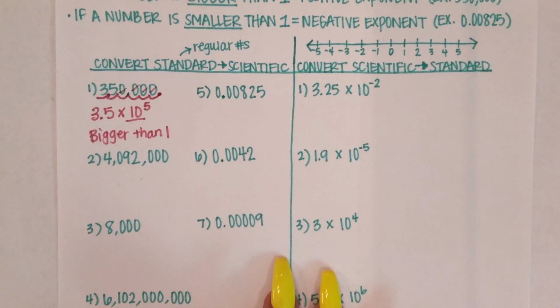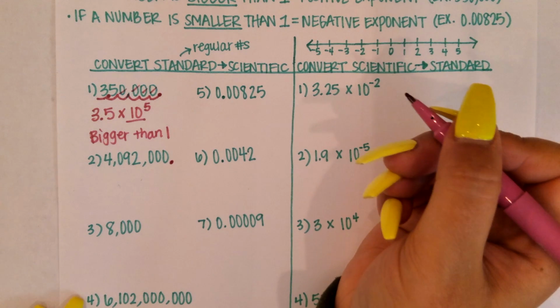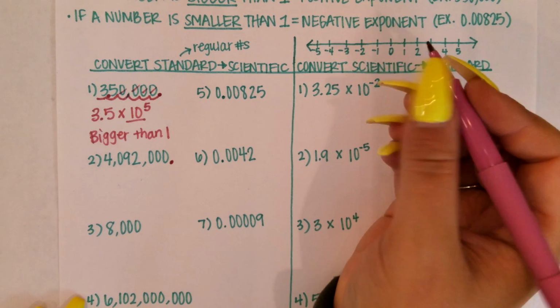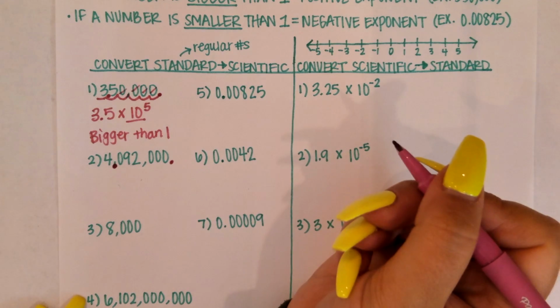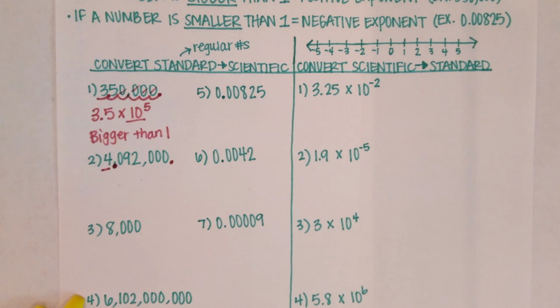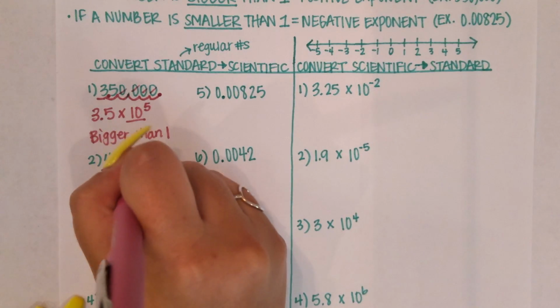Example number 2, 4,092,000. It doesn't have a decimal. So I put one at the back, and I want to move it so I only have one number to the left. So I'm going to move it between the 4 and the 0. That way I only have one number to the left that is not 0. So my new number is 4.092.